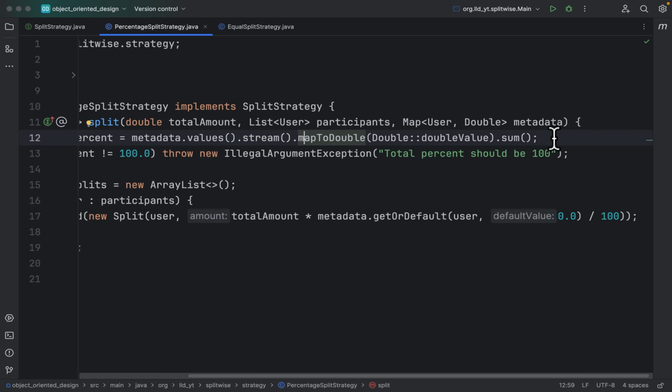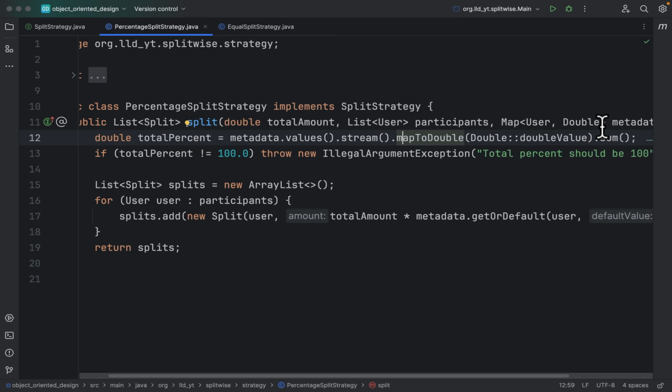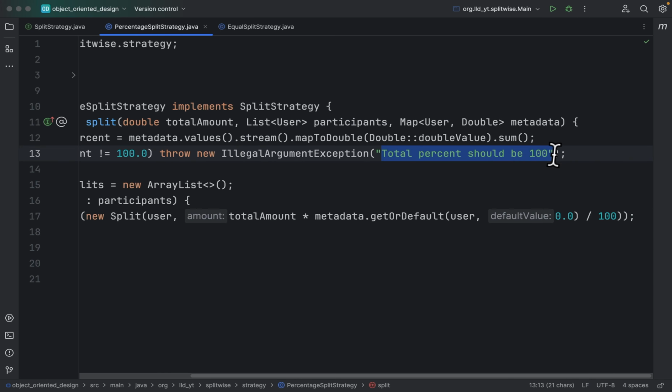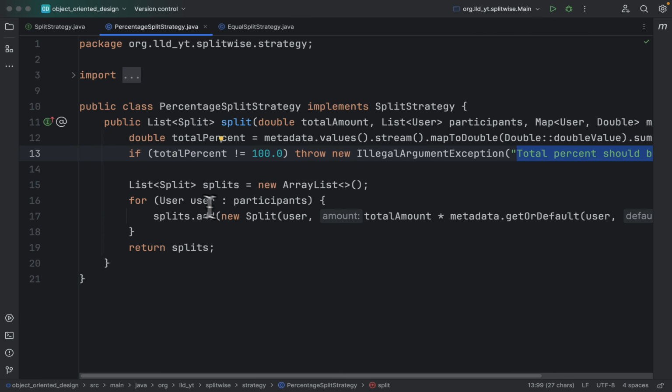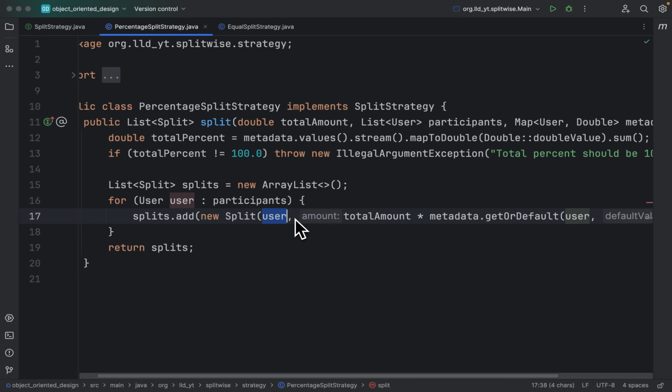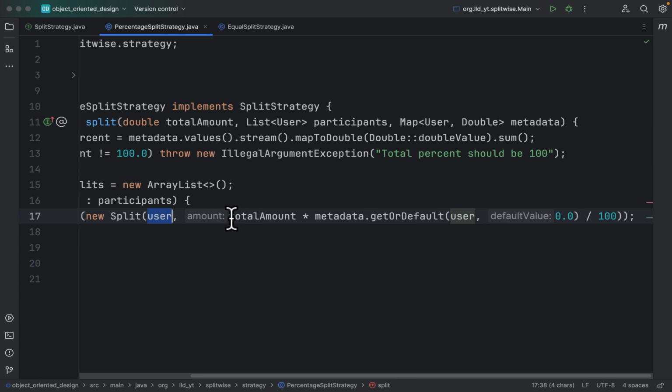Firstly, I'm just validating whether the total summation of all the percentages is 100 or not. If it is not 100, in that case, I'm throwing this exception, right? And if it is 100, in that case, I am iterating through each of the participants and creating the split object. This split object would have the participant and the share which that user will be paying.